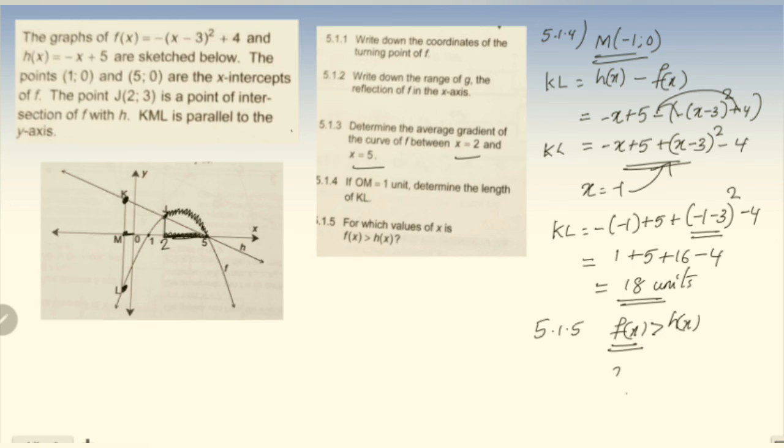All the x values starting from 2 to 5. Then brackets: look at the question, there is no equal to given, so you have to use the open bracket like this. If it was greater than or equal to, then you would have to use the closed bracket. Because there is no equal to, only greater than is given, you have to use the open bracket. Is it clear now? So we are done with all the questions.